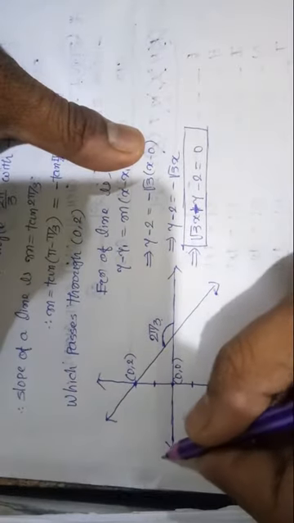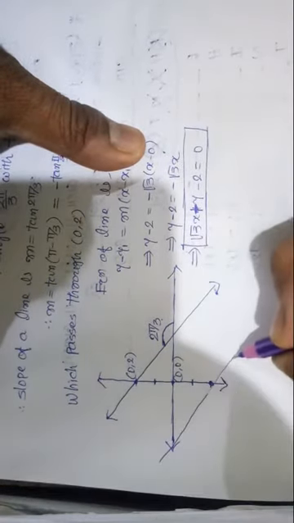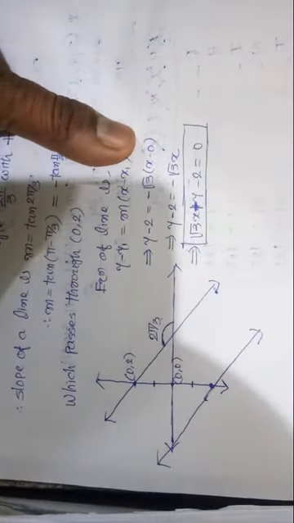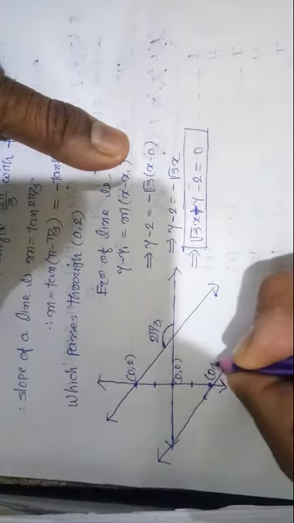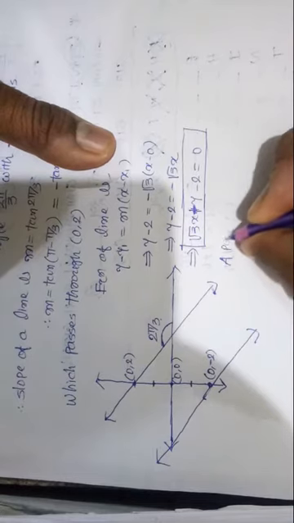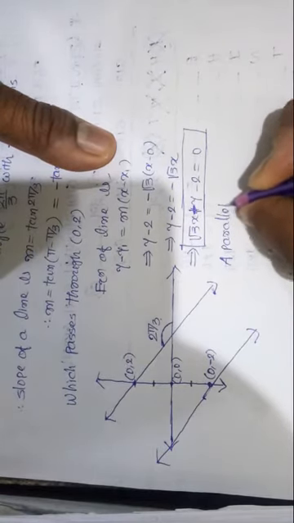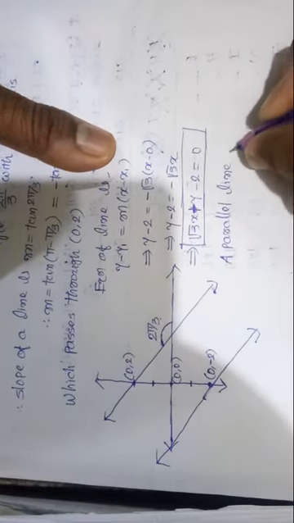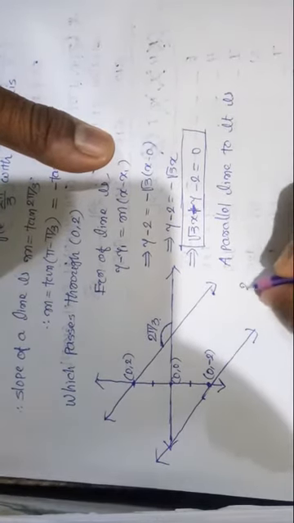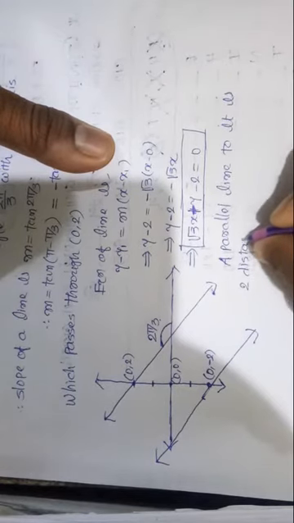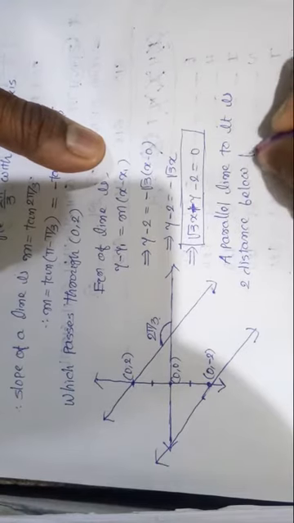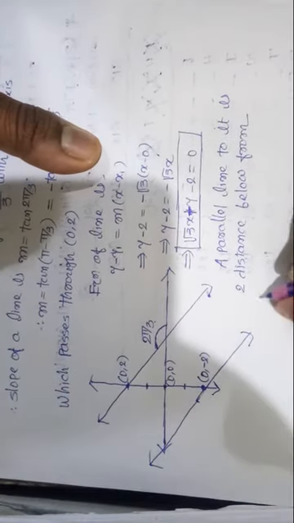That is the line which is parallel to the given line, and we need to find the equation of this second line. So we may say that this point is (0, -2), and a parallel line to it passes 2 distance below the origin.